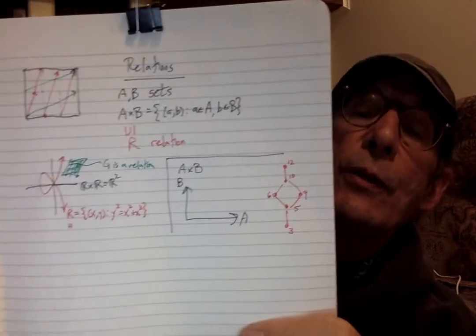But so I have some points, and I can think of the points of A as being laid out along the A axis, and this is also still in A cross A, so laid out along the B axis. And what we're saying here is that 3 is related to 5.